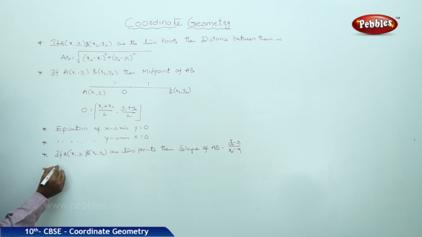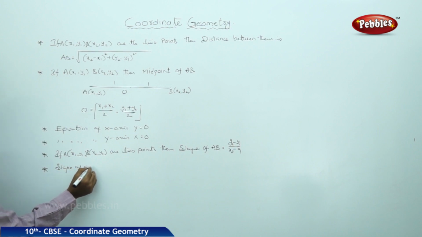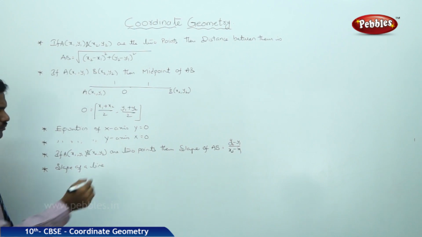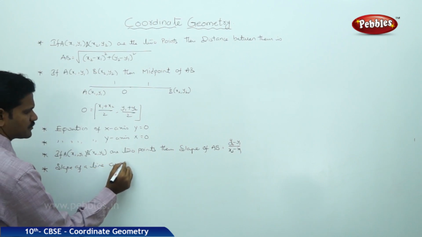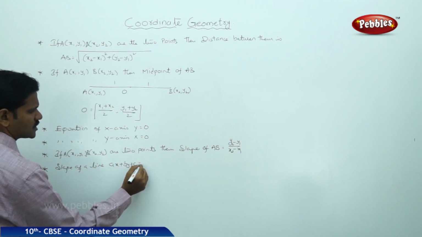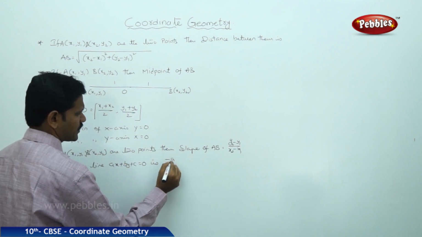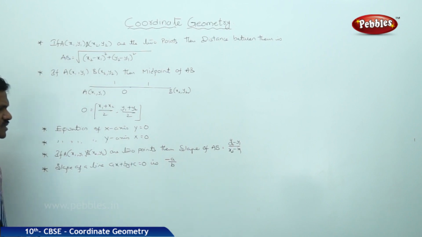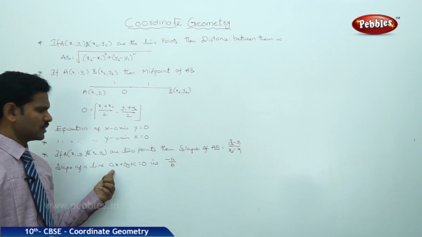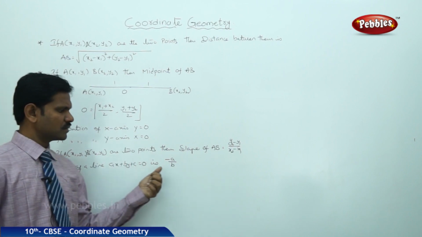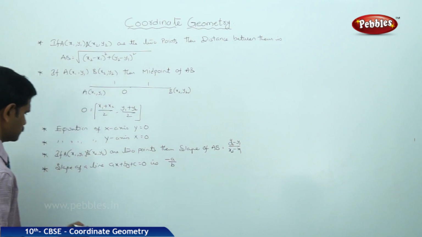Second, the slope of a line ax + by + c = 0 is -a/b, that is, minus the x coefficient by the y coefficient.